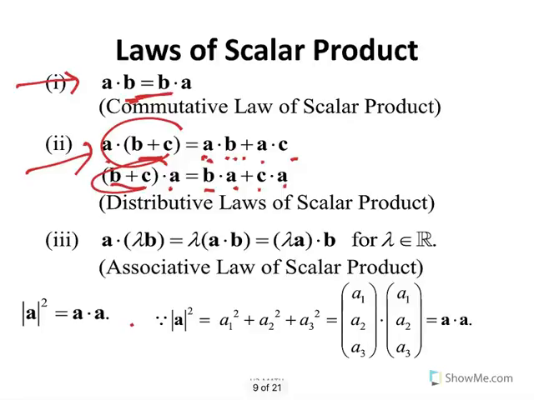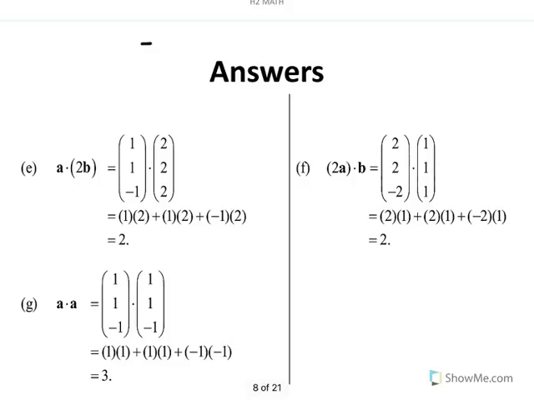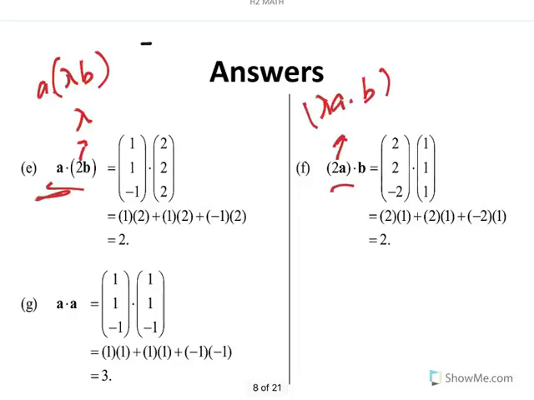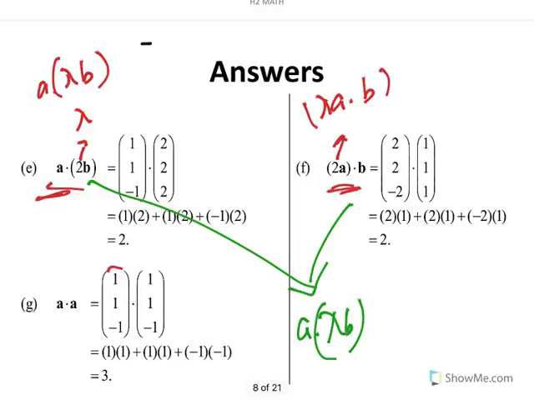And how about a dot lambda b? If you observe parts E and F, suppose the 2 here is our lambda. It's like a dot lambda b. Can you see that this is the same as lambda a dot b? So parts E and F give you the same answer. From here you can generalize the conclusion that a dot lambda b is also equal to lambda a dot b.